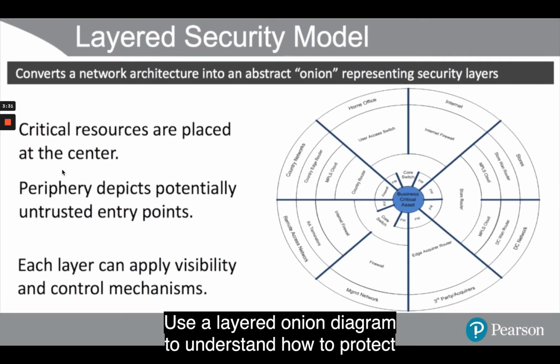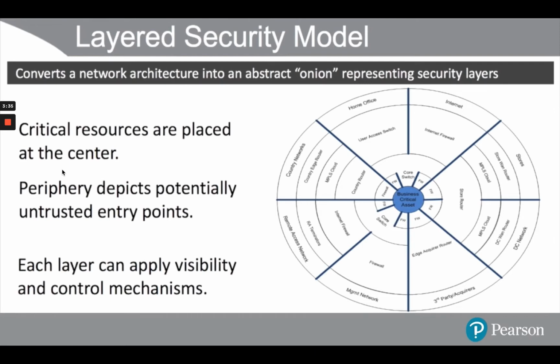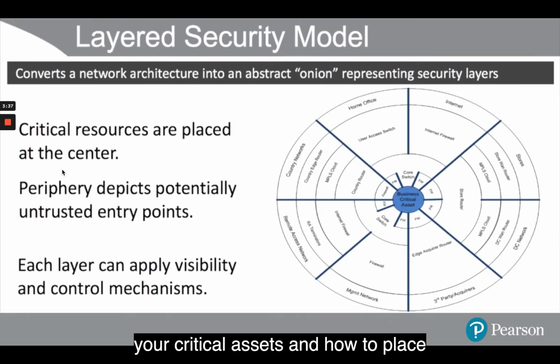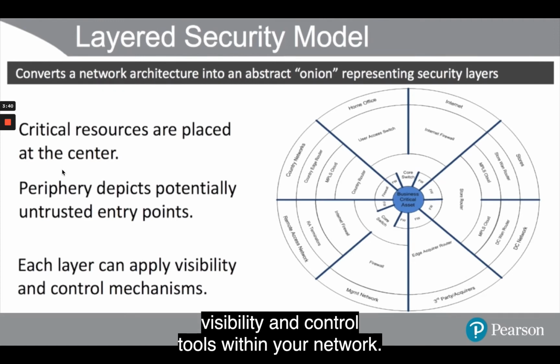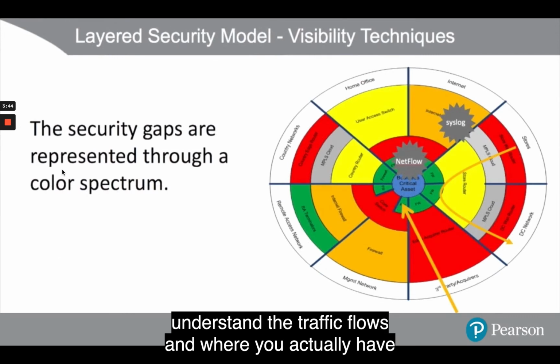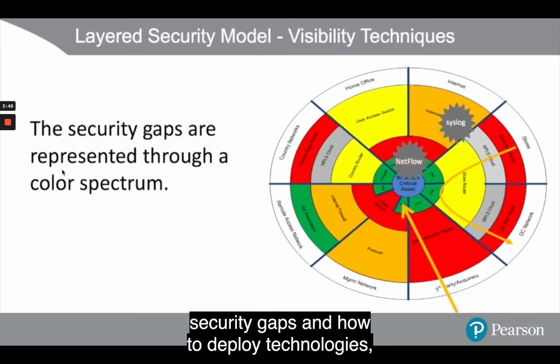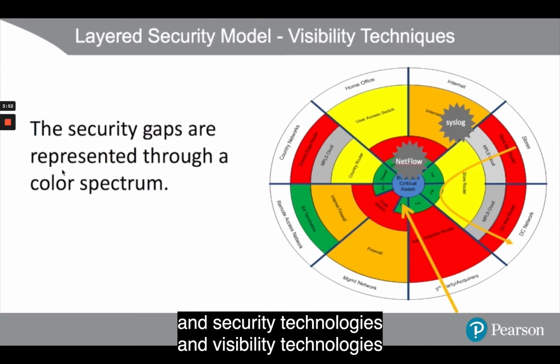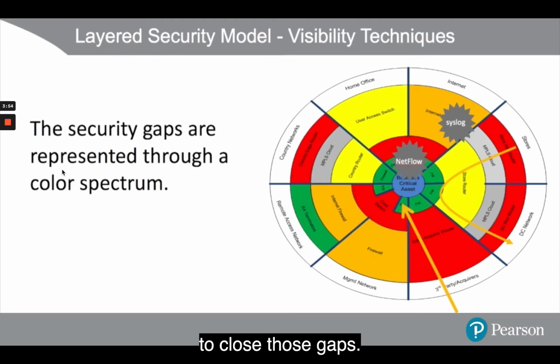Use a layered onion diagram to understand how to protect your critical assets and how to place visibility and control tools within your network. These layer diagrams actually will help you understand the traffic flows and where you actually have security gaps and how to deploy technologies, security technologies and visibility technologies to close those gaps.